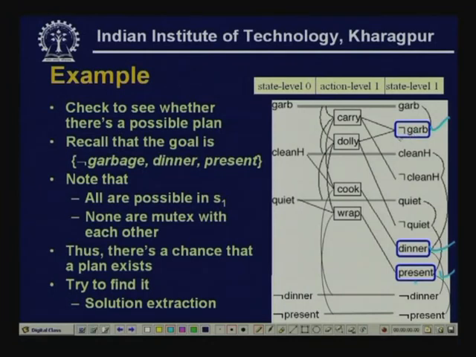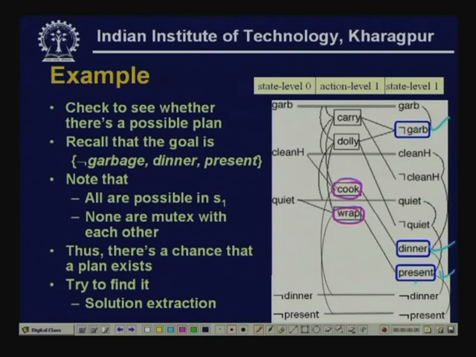Now, we have to do plan extraction to find the solution. How do I find the solution? You see, not garbage requires either carry or dolly, dinner requires cook, present requires wrap. So, for present we have to take wrap, for dinner we have to take cook, and for not garbage we have to take either carry or dolly.